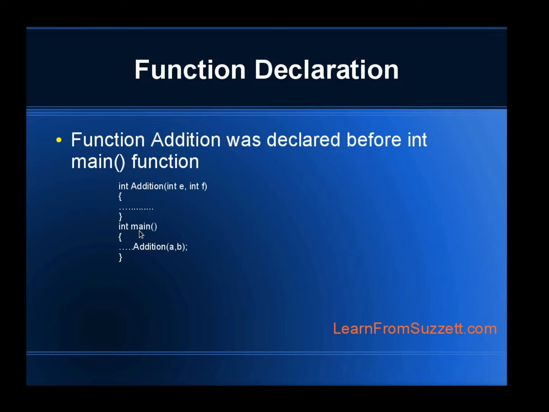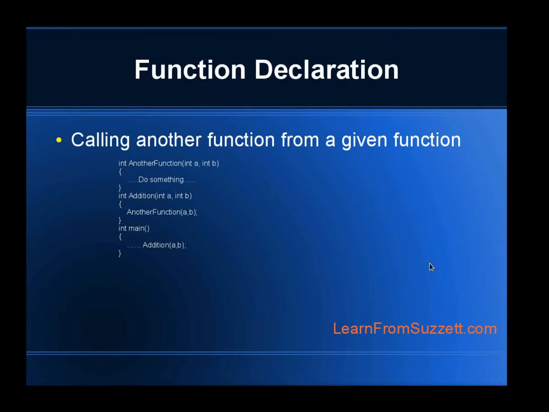But it follows logically, are you able to call another function from a given function, right? And you can do that in C++. It's pretty straightforward, and just like how you call the function addition from the main function, you can call another function from the addition function and pass the value.